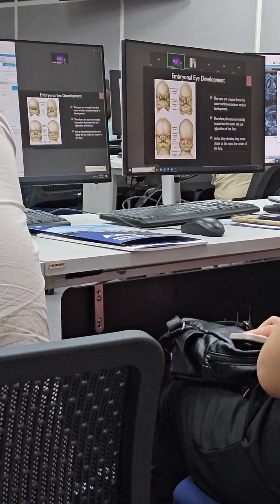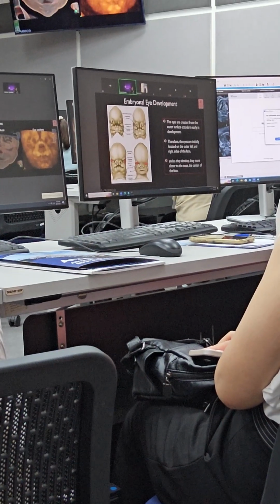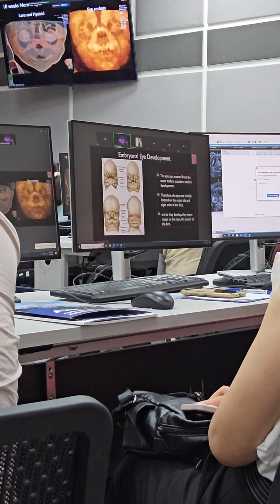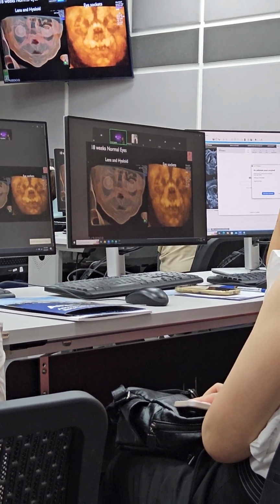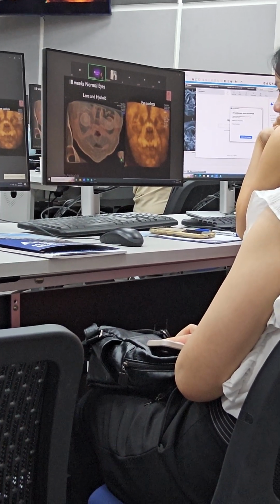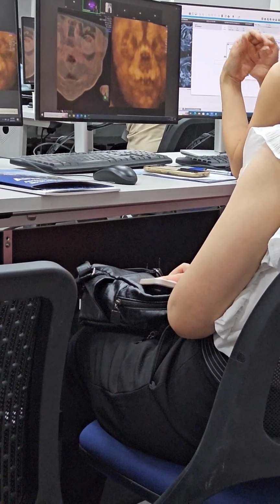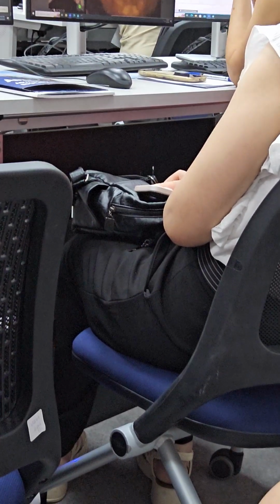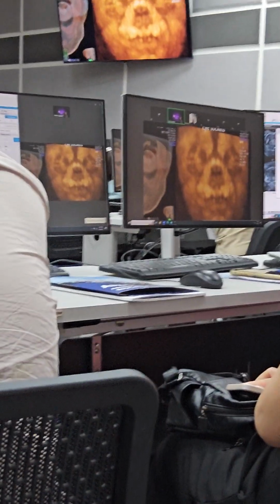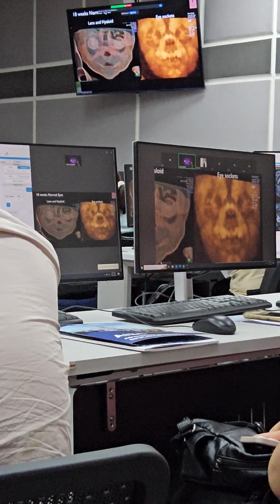And usually, at 18 weeks of gestation, in normal eyes, this is the hyaloid and lens, and then this is the eye socket, the bony structure, and you can see this is the hole for the eyeballs, and it is called the eye socket.